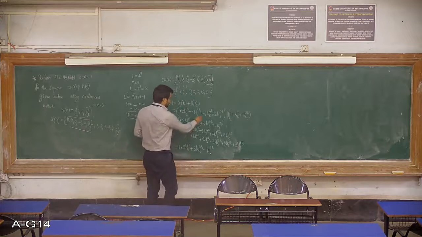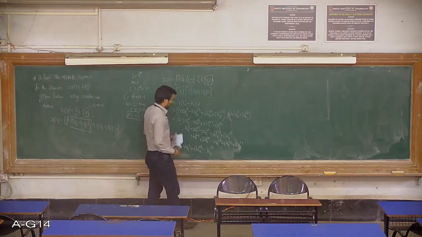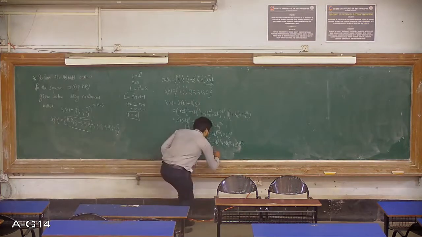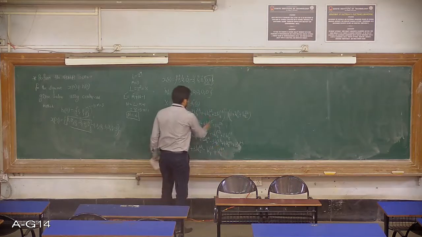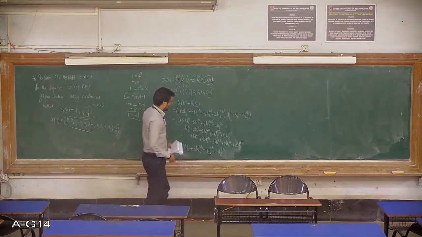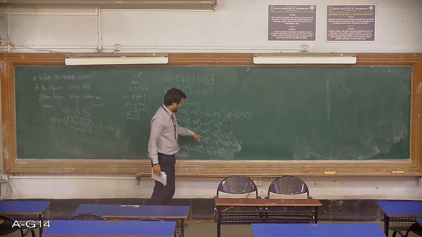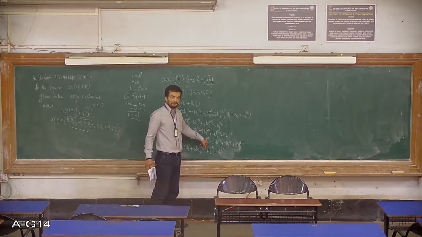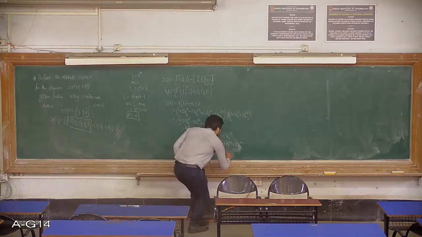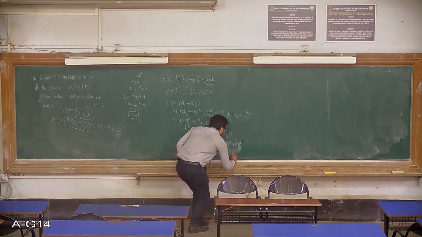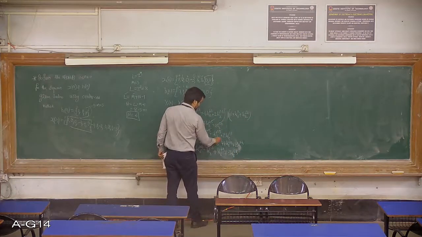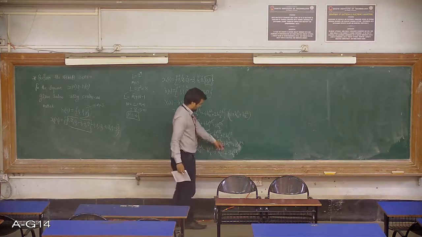Next, this is cancelled, this is also cancelled. So 4 minus 3 plus W8 of 4k. So this is also cancelled, this is also cancelled. Now 5k. 4 plus 2, 6. 6 minus 3. So we'll get plus 3 W8 of 5k. So this is cancelled, this is cancelled, this is cancelled. 6k.